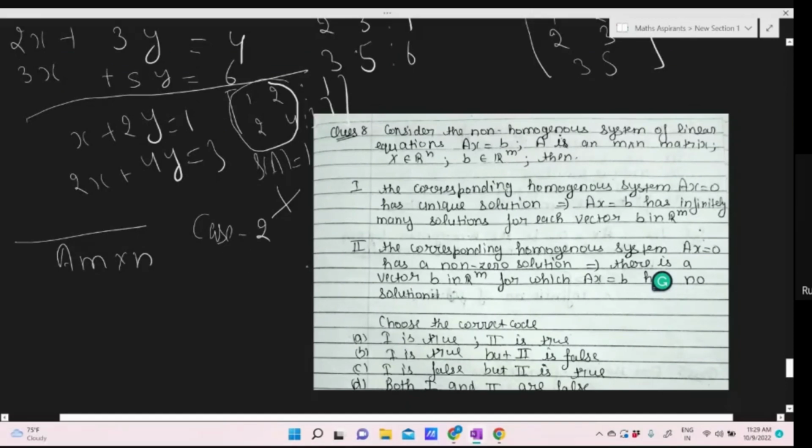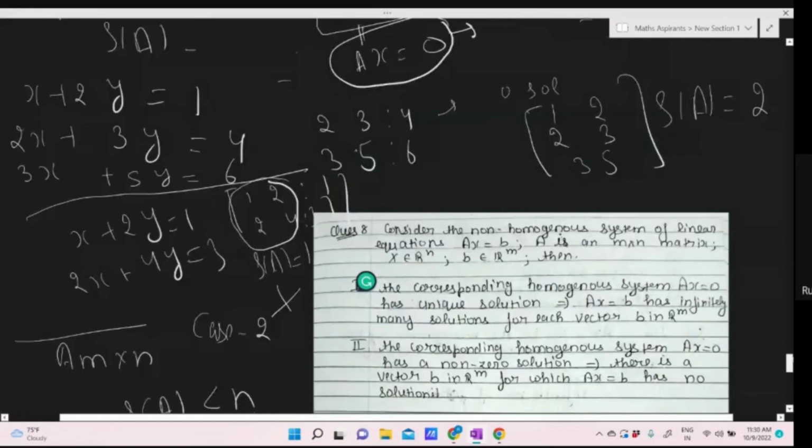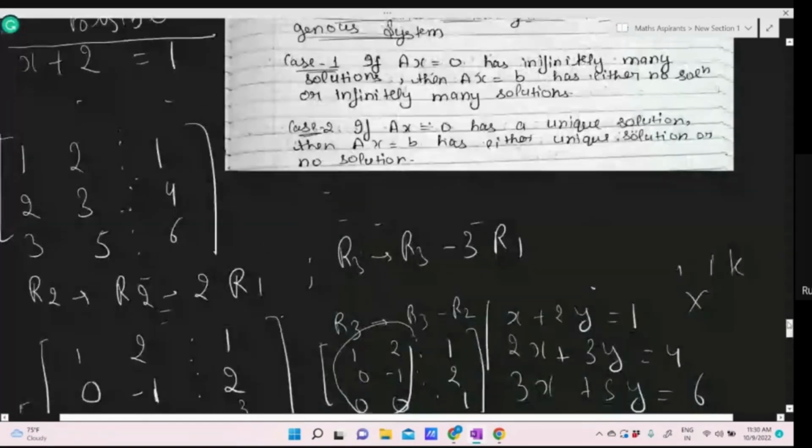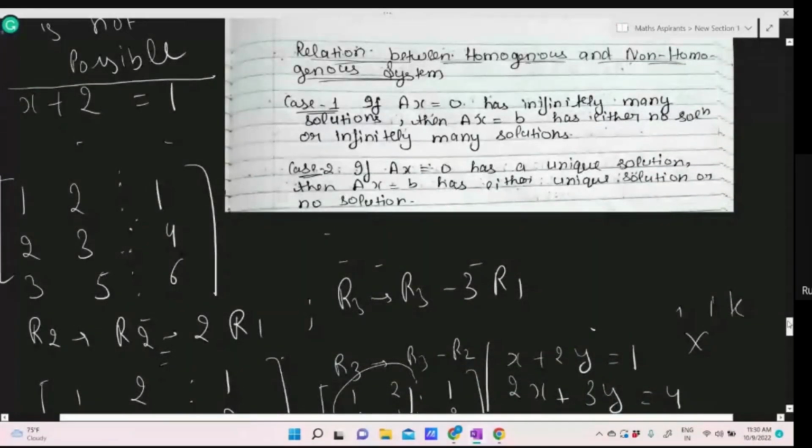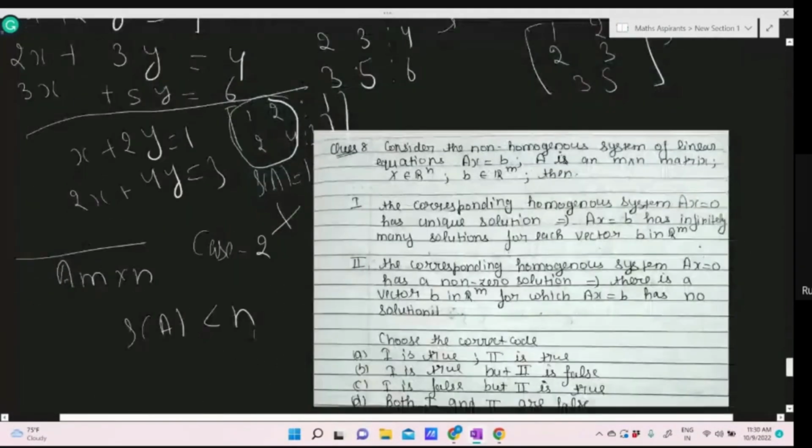Now consider the next statement. If the corresponding homogeneous system has a non-zero solution, therefore rank of A is strictly less than n, then there exists a vector B in Rm for which this has no solution. You can see from case number 1, if the system has infinitely many solutions, then the solution can be none or infinite.